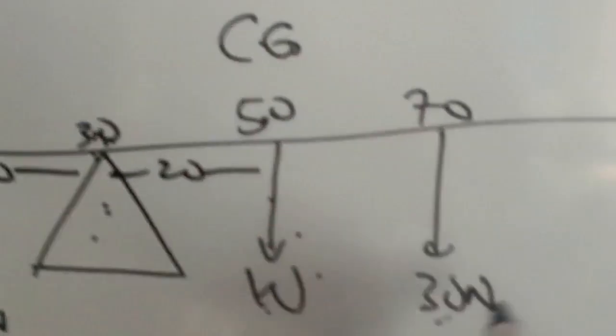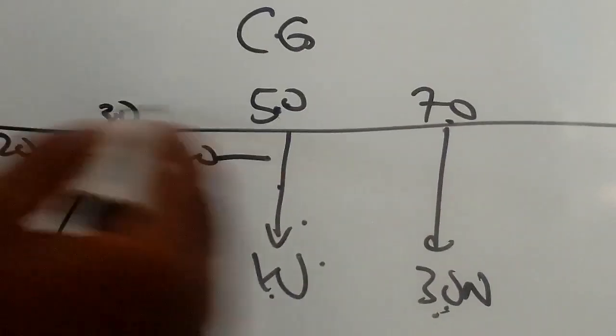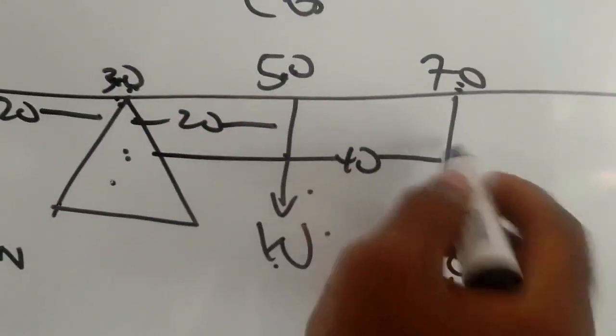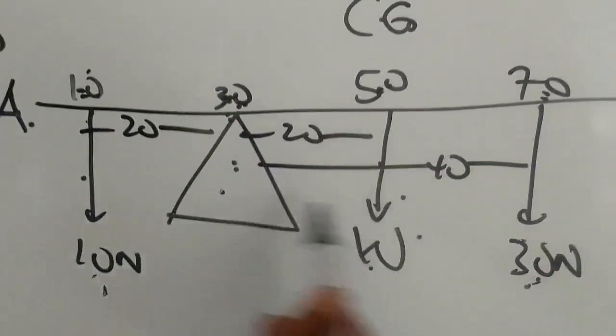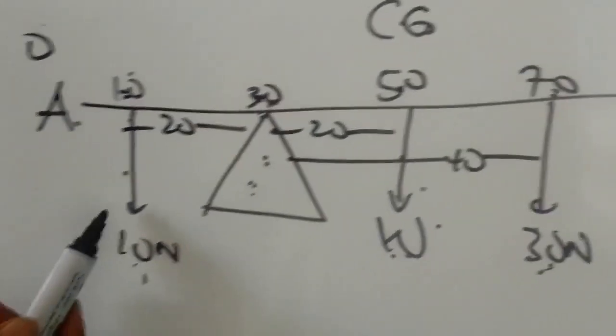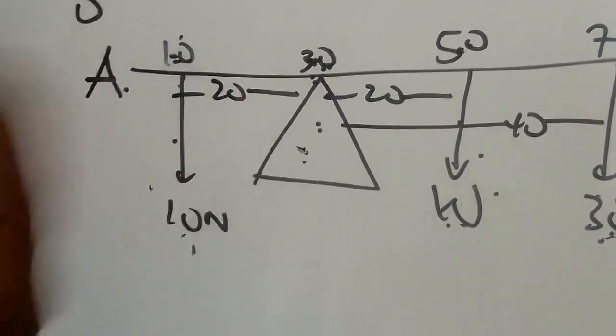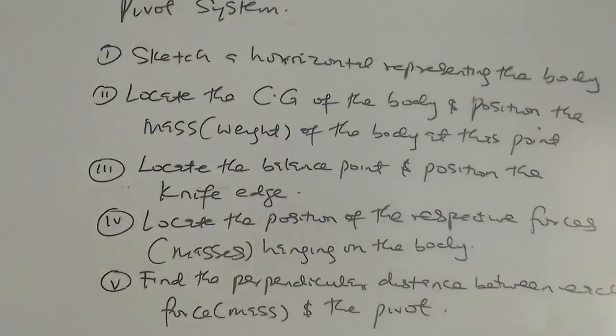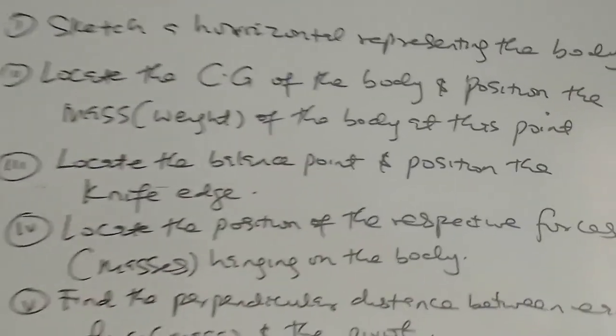The distance between the 30 Newton and the pivot is 70 minus 30, which is 40. So all distances must be measured to the pivot before you do your calculation. These are the steps involved when you want to tackle problems on the single pivot system.